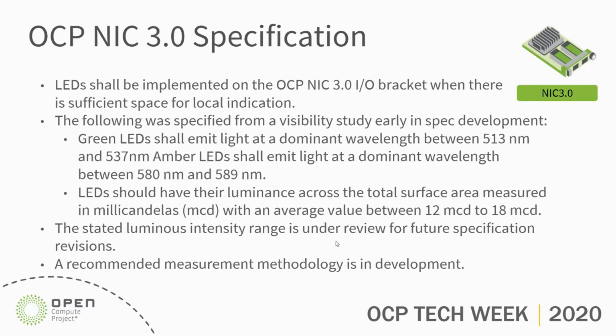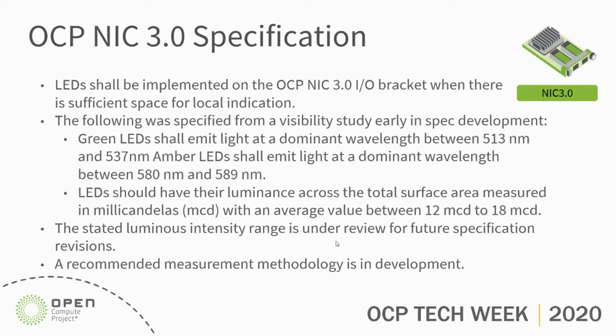If the board has room for the LED, the current spec says that the green LEDs must have a dominant wavelength between 513 and 537 nanometers. And for the amber, it should be between 580 and 589.